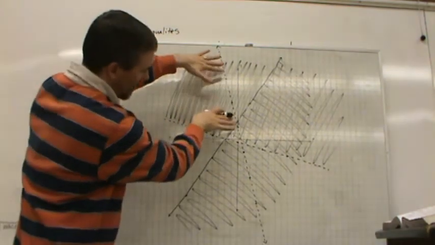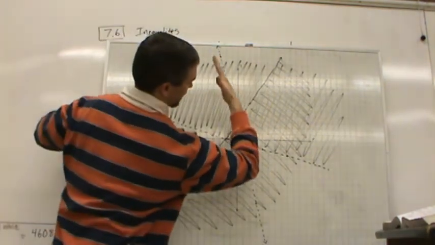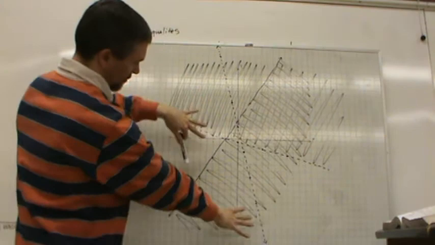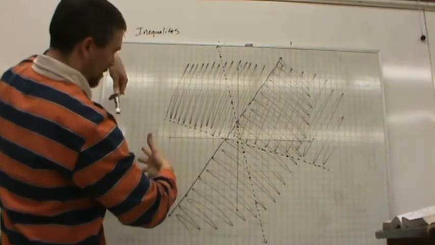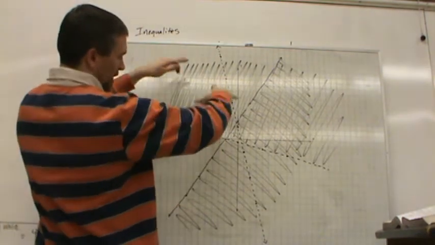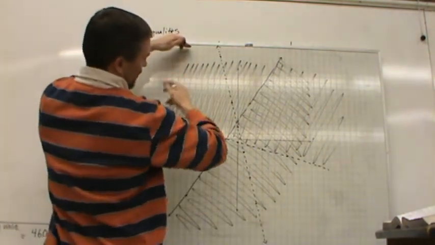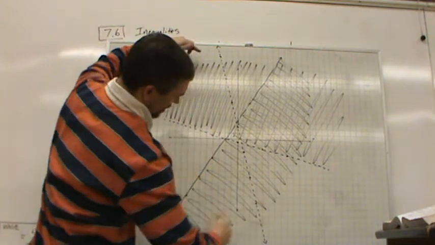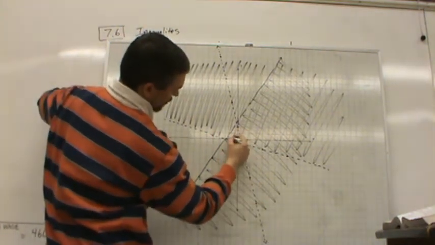So y is less than, this is leaning slightly that way, so it's everything down beneath that line, which appears to be to the left, but it's really beneath it.